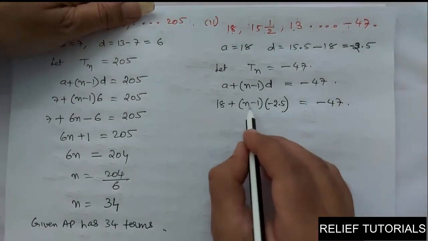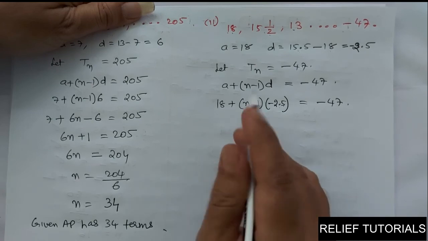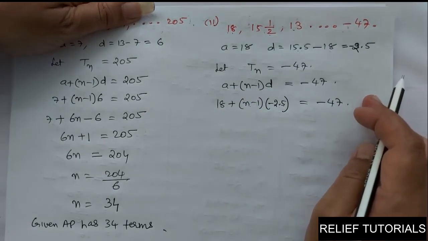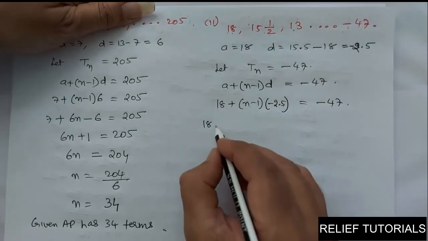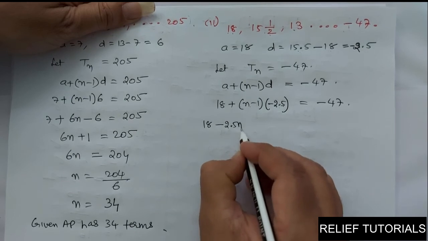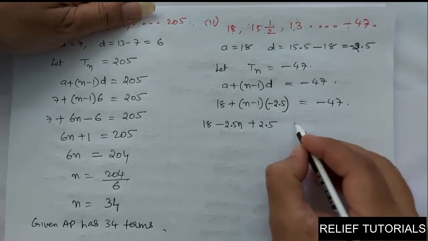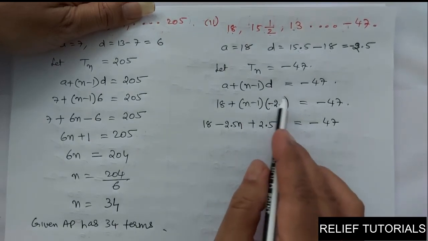If you want to, you can multiply this. Or you can do one thing. See, this plus 18 goes on the other side as minus 18. As you wish. See now, 18 minus 2.5 into n, so minus 2.5n, minus into minus plus 2.5, is equal to minus 47.